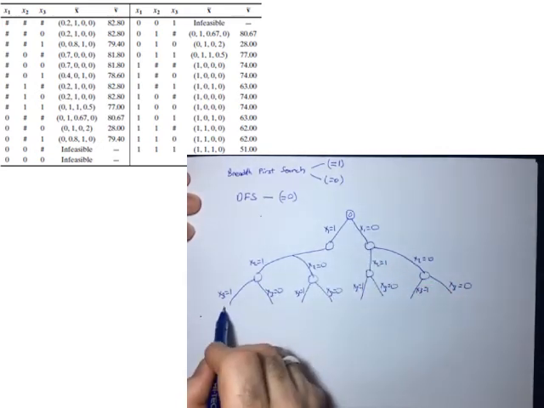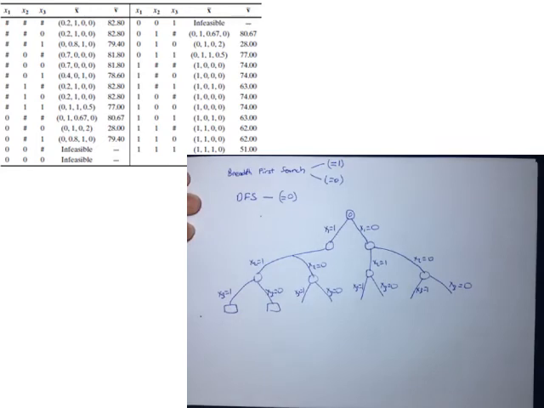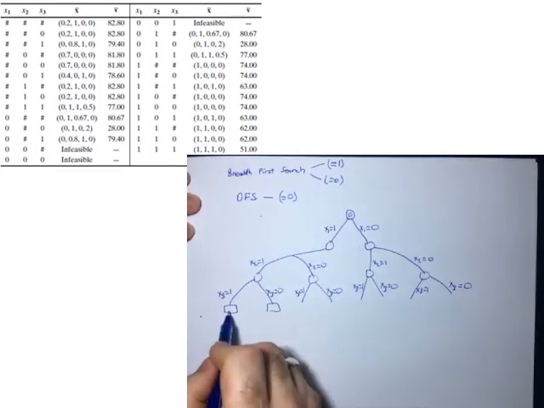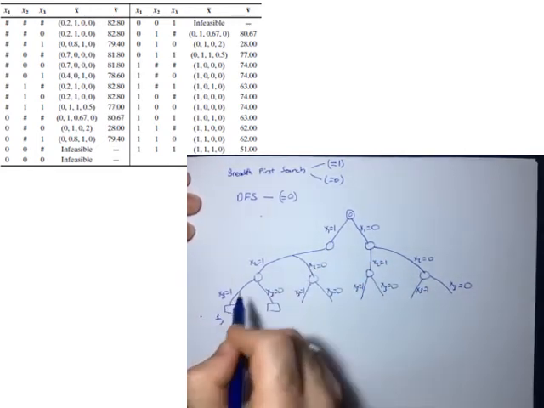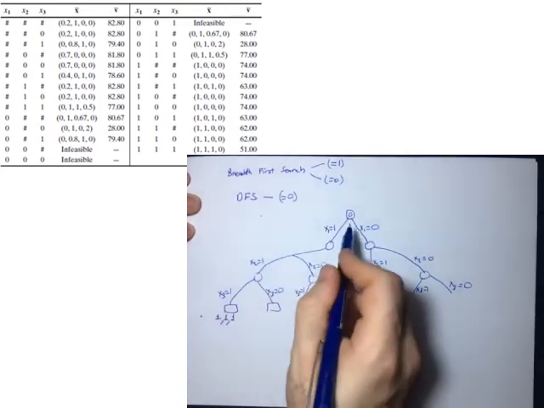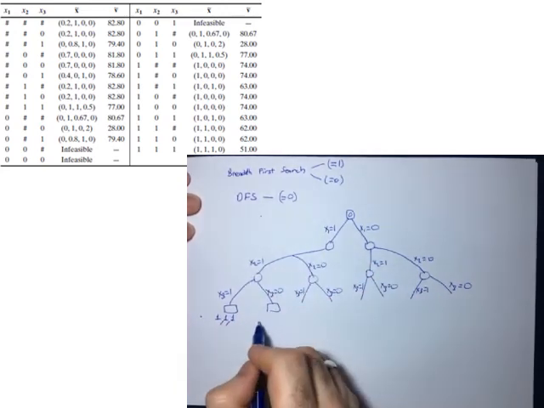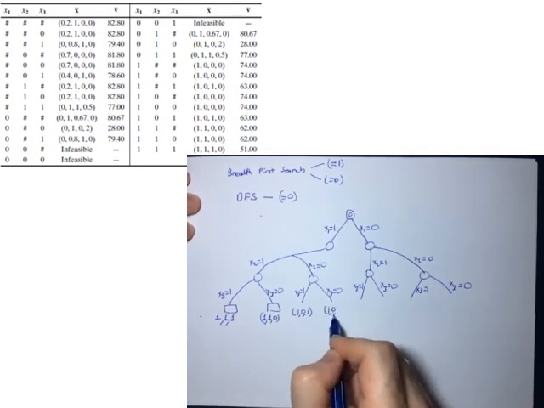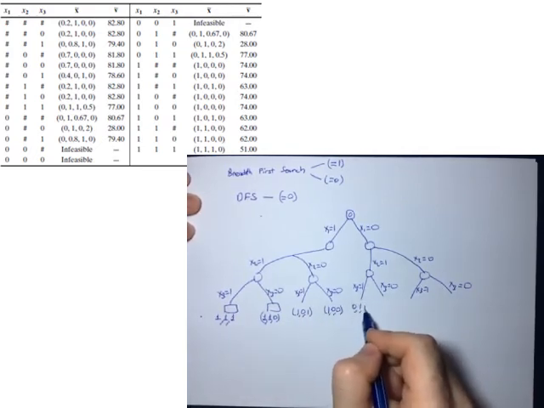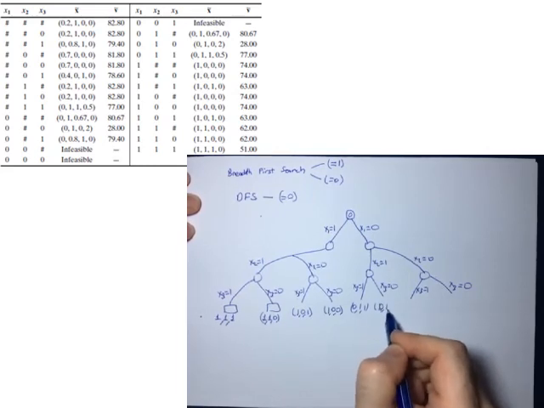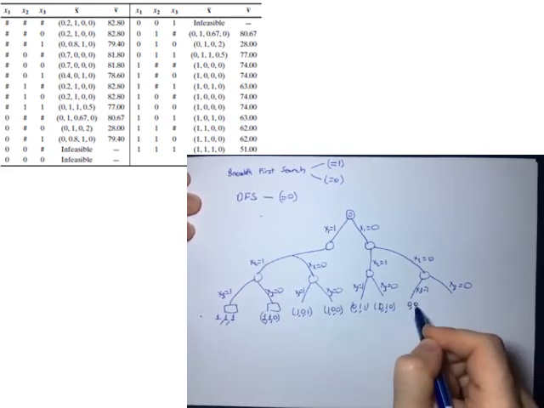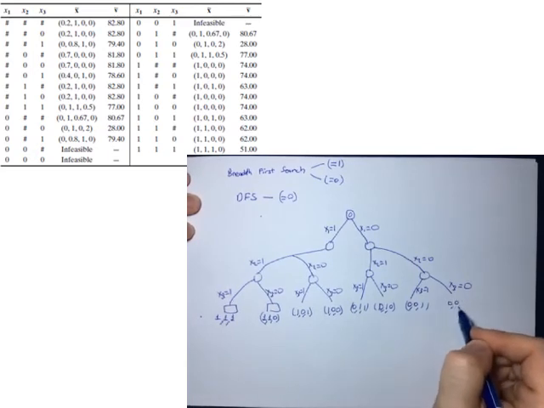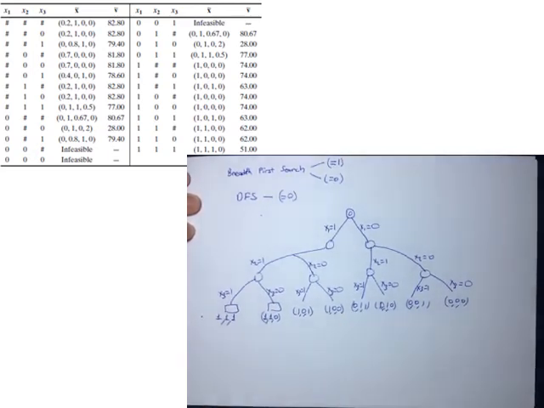Each one of these final nodes tells us a different solution. For example, here x1 is 1, x2 is 1, and x3 is 1. Here x1 is 1, x2 is 1, x3 is 0. Then 1 0 1, 1 0 0, 0 1 1, 0 1 0, 0 0 1 and 0 0 0. So these are all the possible combinations of these decision variables.